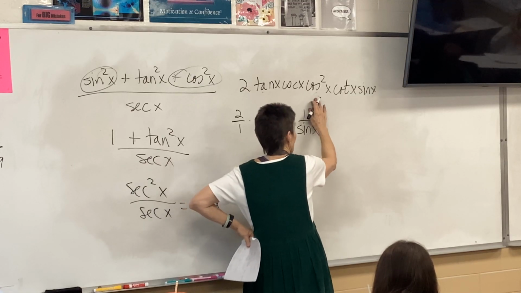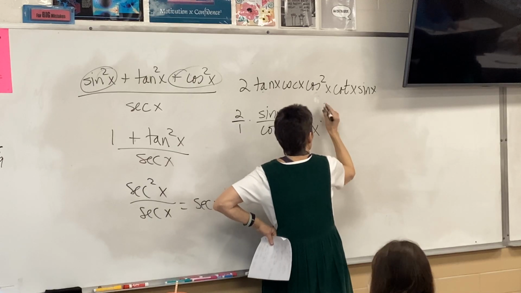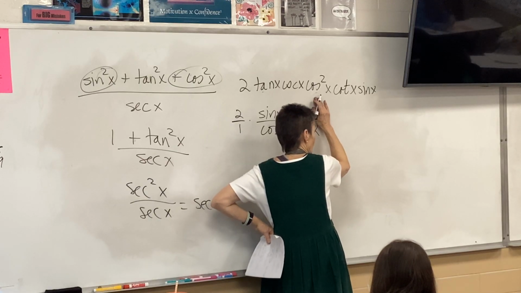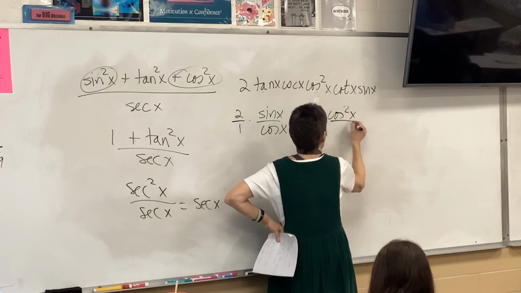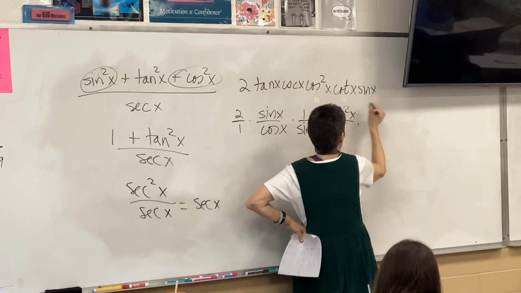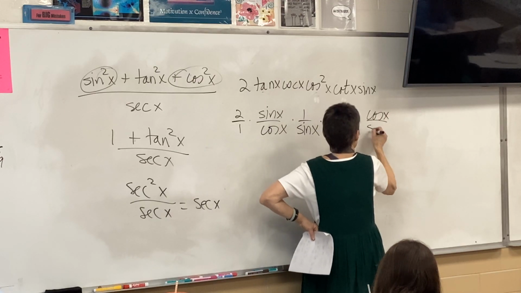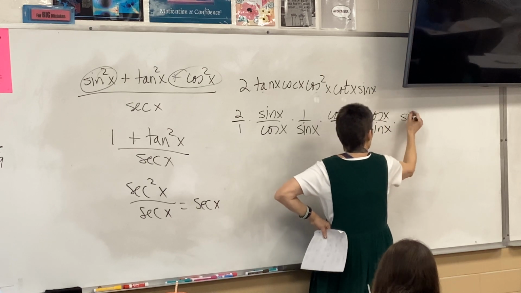What do I do with cosine squared? Put it over 1. Cotangent is cosine over sine. And sine over 1.